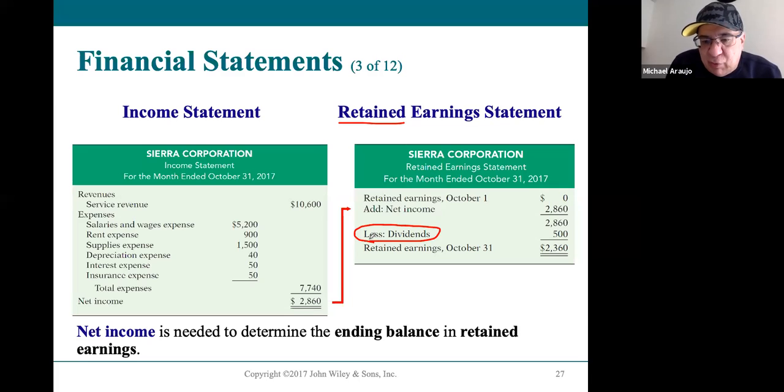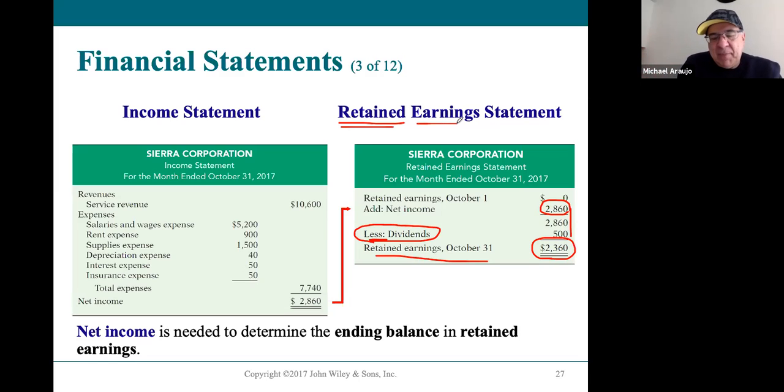So that's why it's subtracted out of the retained earnings statement, because literally it is going out of the company. It's no longer retained, it's going out. And so the difference in this case, this $2,360 in our example here, is the retained earnings at the end of the month. In other words, the amount of this profit that they made that's going to be retained, kept in the company, not sent away.